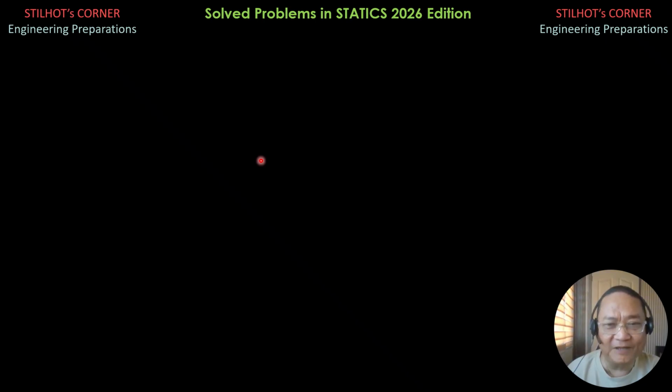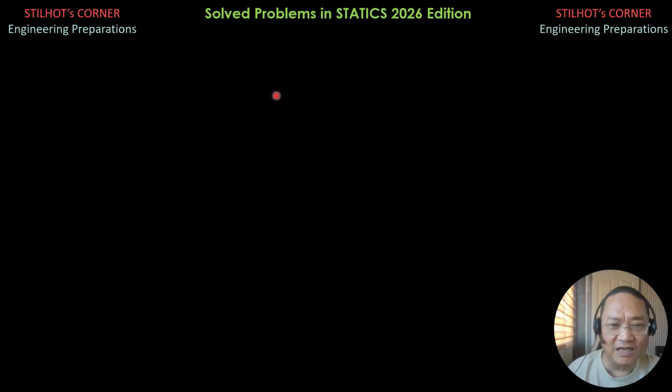So that is after we get the moment of the force about the inclined axis, we obtain the component of it perpendicular to the axis and multiply it by the perpendicular distance, then equate it to the moment of the force about that inclined axis.